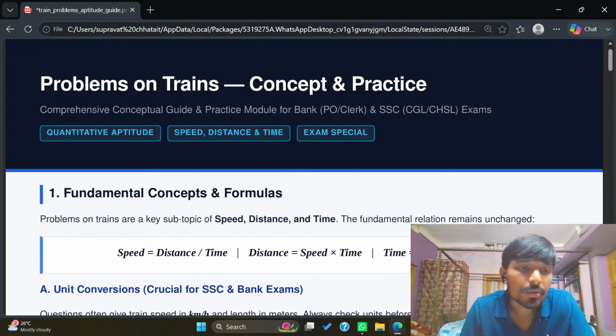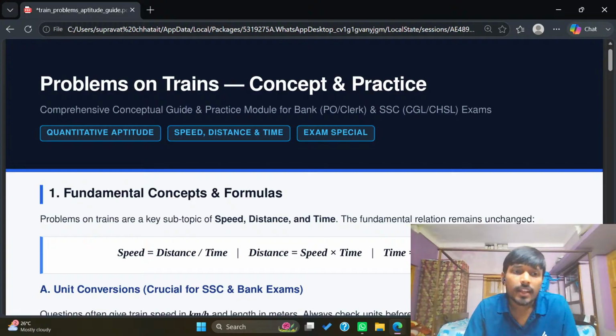Today I am going to explain problems on trains. This is a comprehensive conceptual guide and practice module for bank PO, clerk, and SSC CGL and CHSL exams. You have to learn the speed, time, and distance chapter first.